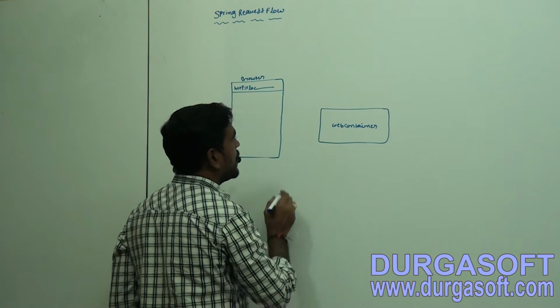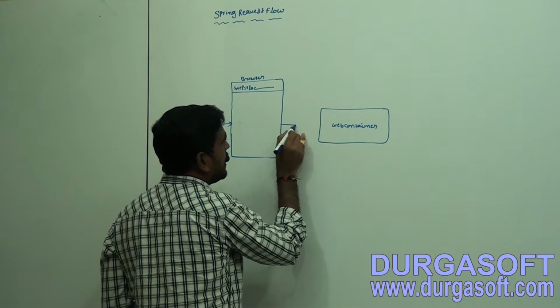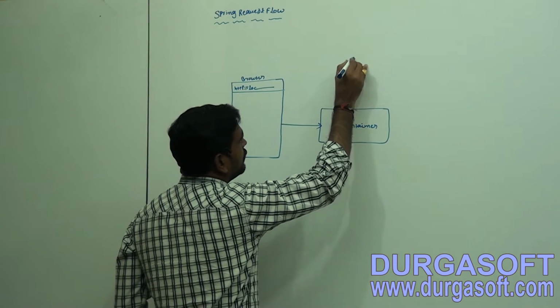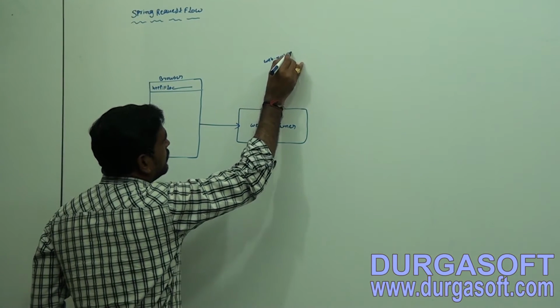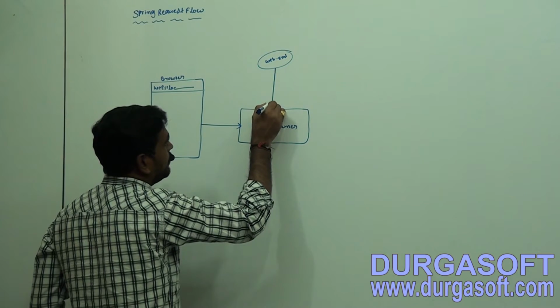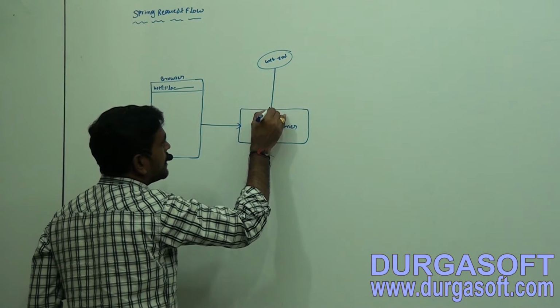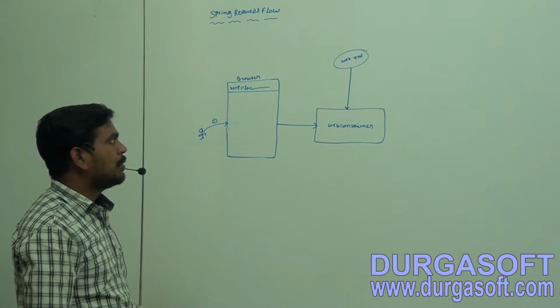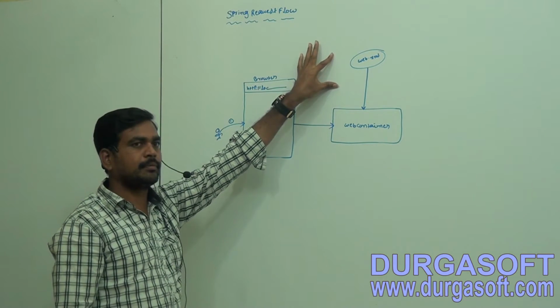Now this web container is loaded by the web.xml file. So many applications are there inside our server, and every application has one web.xml file.